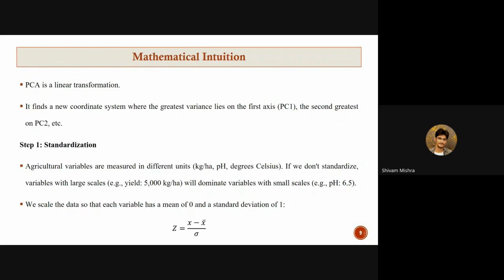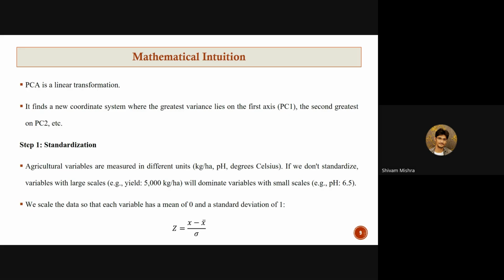If we do not standardize these variables, it will not be feasible to analyze them. Suppose yield is 5,000 kg per hectare, while pH value is 6.5. If we numerically compare both values, 5,000 and 6.5, there is large variation between the variables' data.